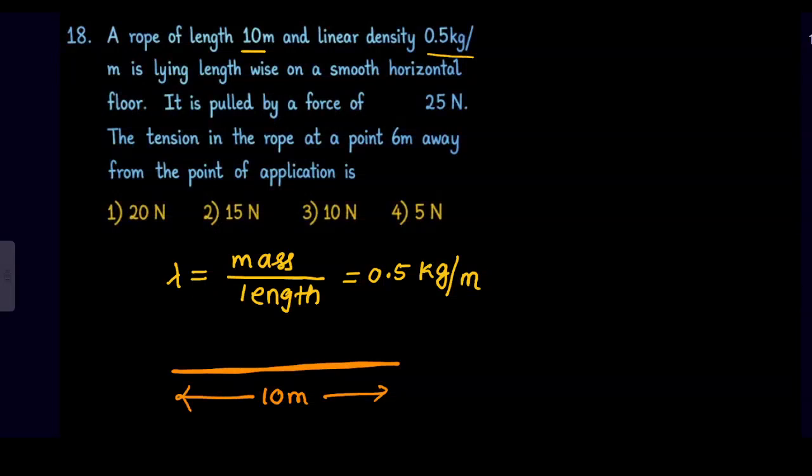Now, it lies on the floor, so how much force is applied, you tell me now. This is the 25 newtons of force we apply. Now they are asking to find what, tell me now here. Find the tension in the rope at a point 6 meters away from the point of application. That means if I say at this point we apply the force, then 6 meters away, that means somewhere here maybe. At this point, they ask us to find the tension.